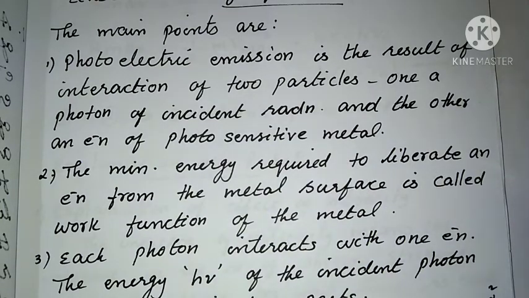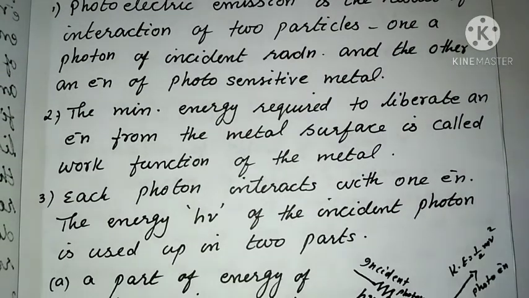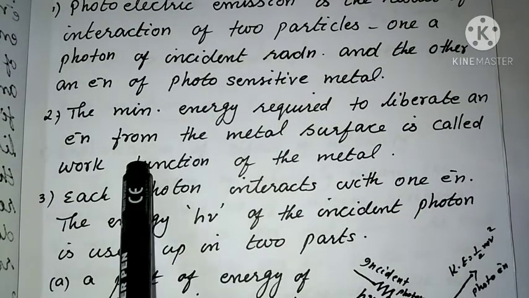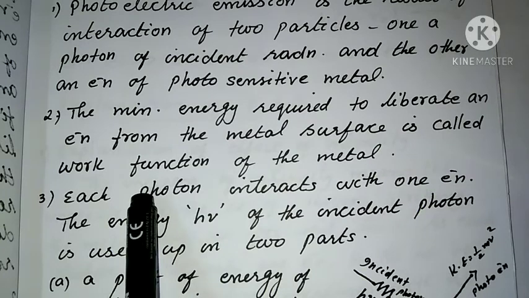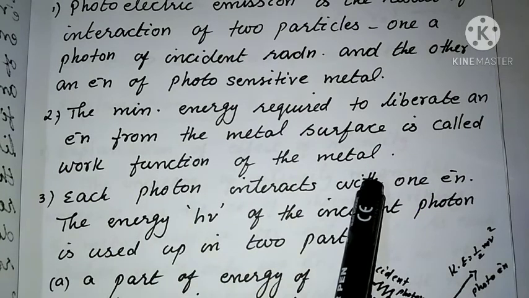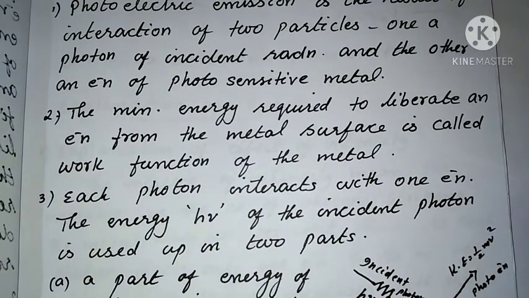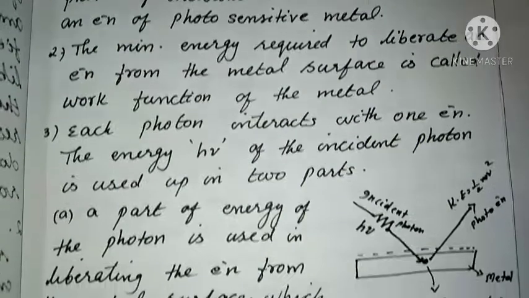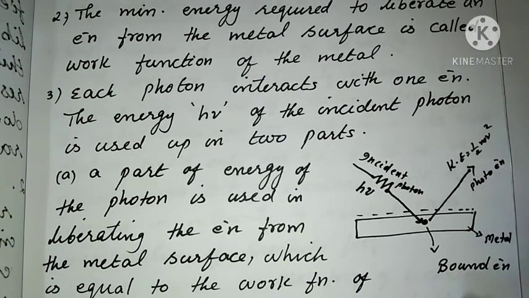You know this. Then the second point, the minimum energy required to liberate an electron from the metal surface is called the work function of the metal. So these points are similar to the experimental results of photoelectric emission. Then the third point, each photon interacts with one electron, as shown in the figure.